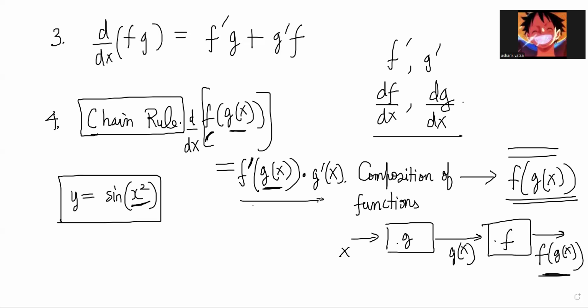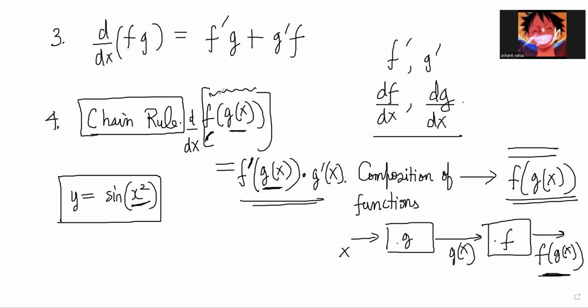Is it making sense? Yes, sir. So the derivative of the composite function will be, you first differentiate the outer function, don't touch the inner function, just do f dash of g of x. Then multiply with the derivative of the inner function, right? Yeah.